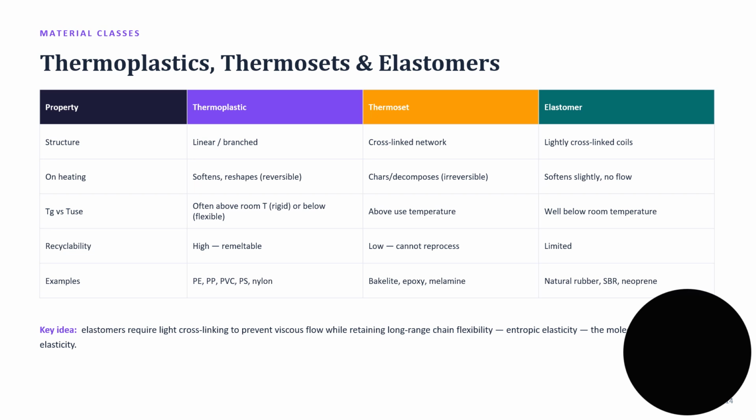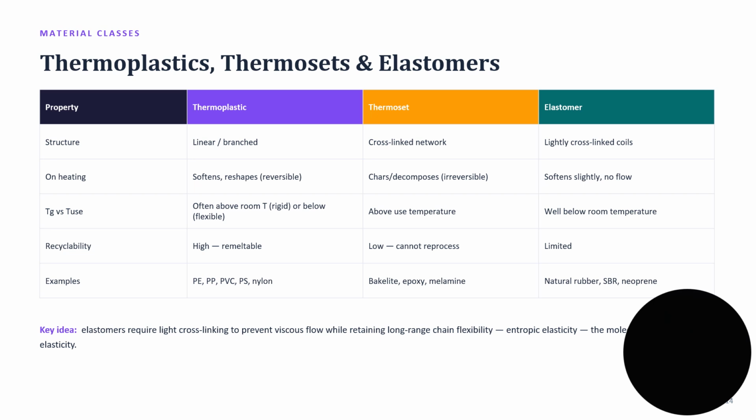Here's a deeper physical insight. To remember, an elastomer needs just enough cross-linking to prevent chains from permanently sliding past one another, but the chains themselves must remain highly flexible and mobile between those cross-link points. When you stretch rubber, you're reducing the conformational entropy of those coil chains.